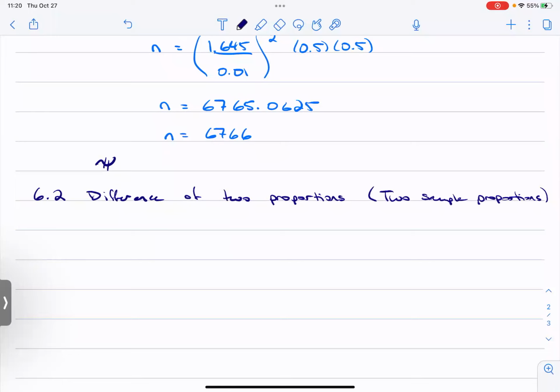If I asked you to compare 0.5 with 0.4, where would you start? You'd probably say, well, 0.5 is 0.1 more than 0.4, right? You would take the difference, right? And so in order to compare two groups, we consider the difference.